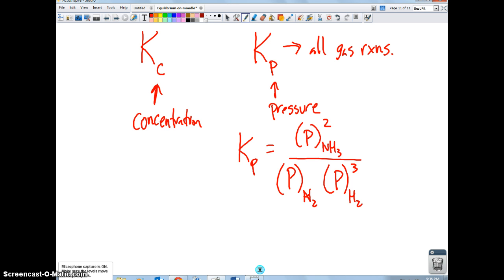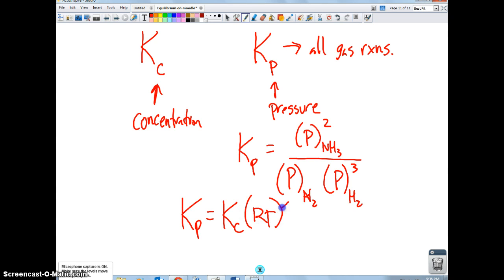And what ends up happening with these is with pressures, we have to bring in the whole idea of R. Remember that whole gas law R thing that we had earlier? Well, for these, we're going to see that the relationship is Kp equals Kc times RT raised to the change in number of moles.